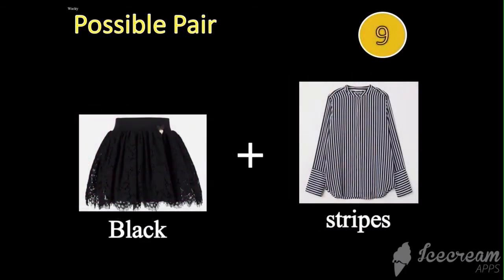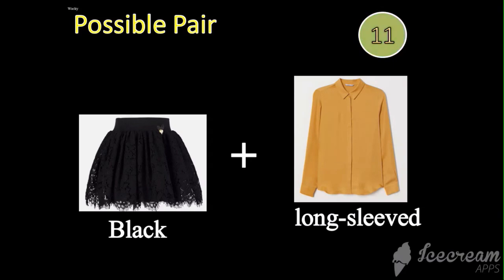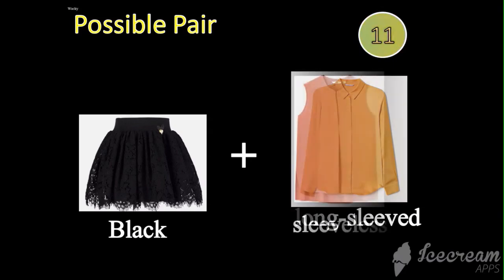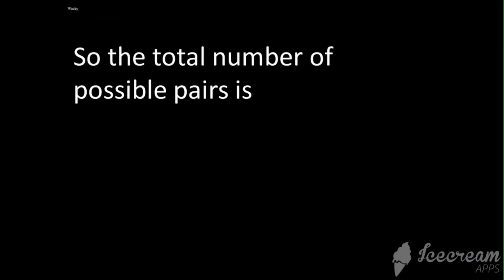Black skirt and stripes blouse. Black skirt and with ruffles blouse. Black skirt and long sleeve blouse. And black skirt and sleeveless blouse. So the total number of possible pairs is 12.